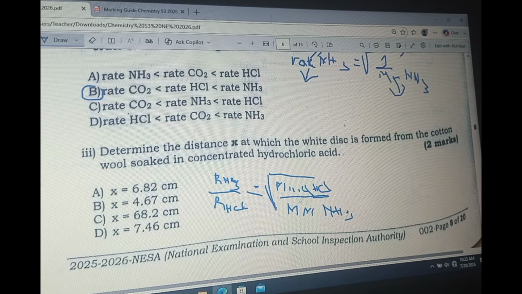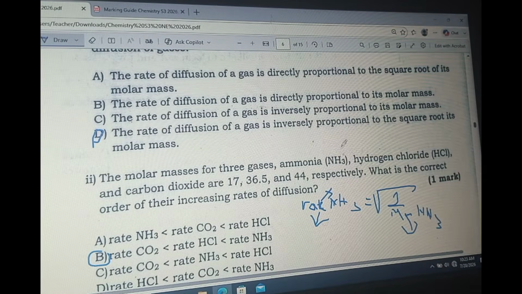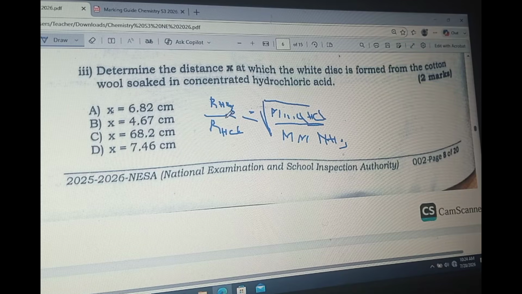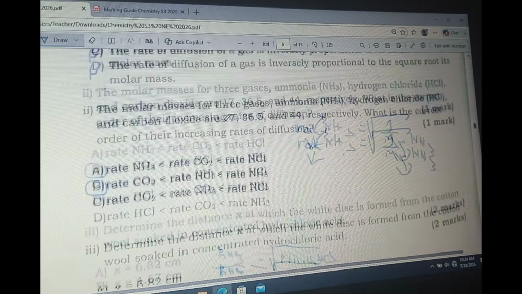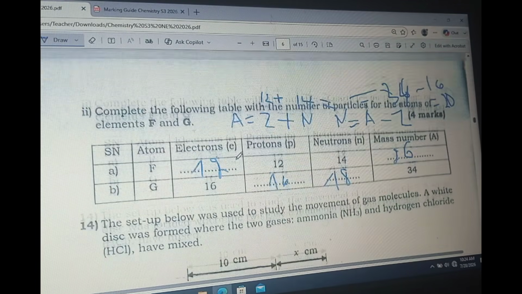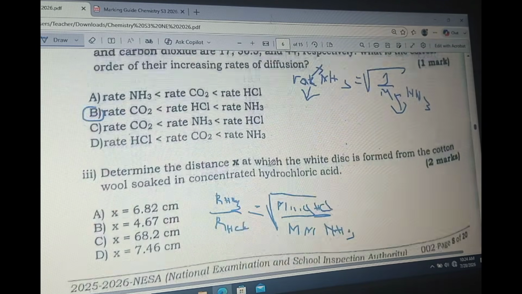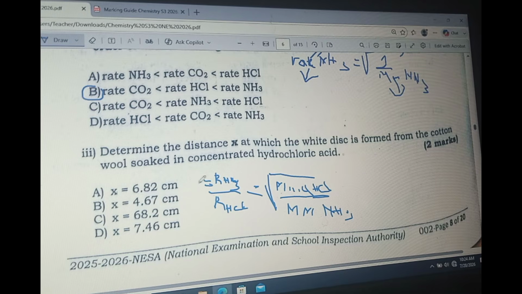The molar mass of ammonia is 17. The molar mass of hydrochloric acid is 36.5. The rate of ammonia is this one, 10 centimeter, and the rate of hydrochloric acid is X, which we don't know.